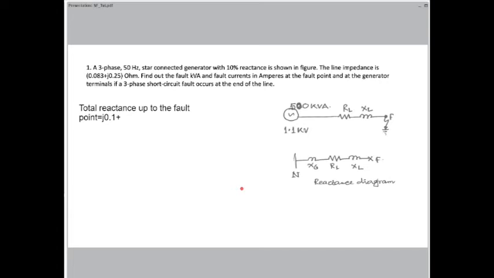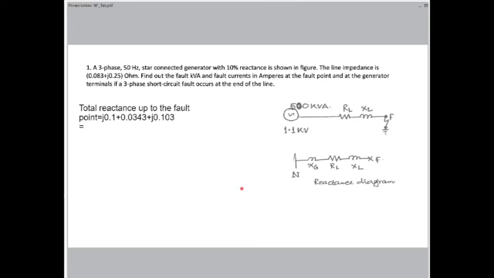We have generator reactance 0.1, then the resistance 0.0343, and for the reactance of the line, j0.103. Can you see that? They are all in series. That's why we put a plus sign in between them. There is no parallel combination here.